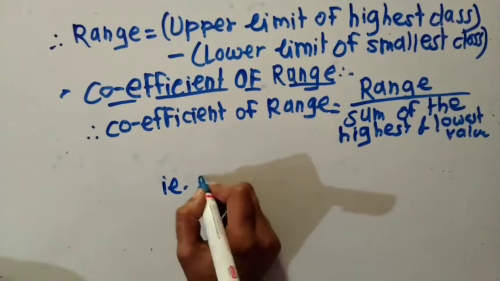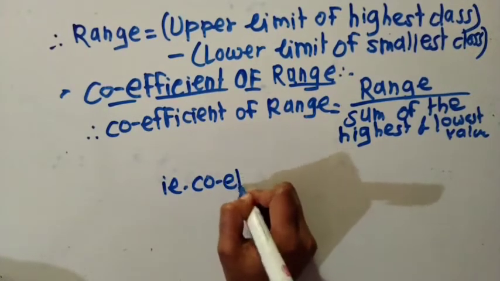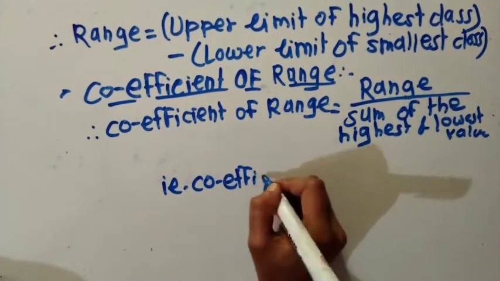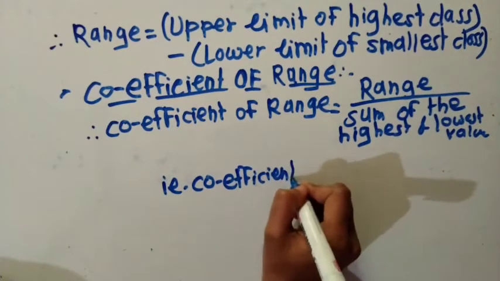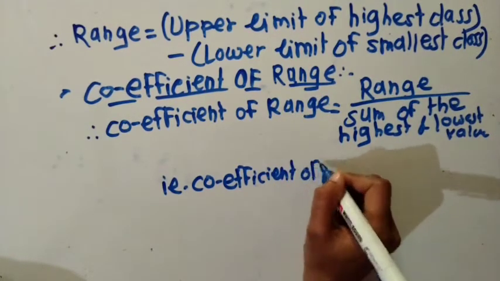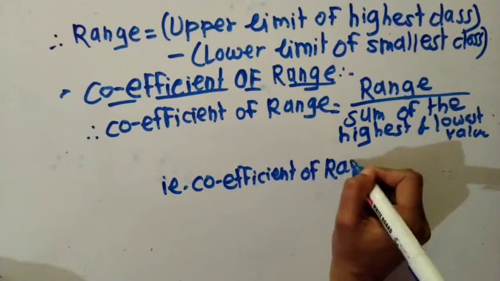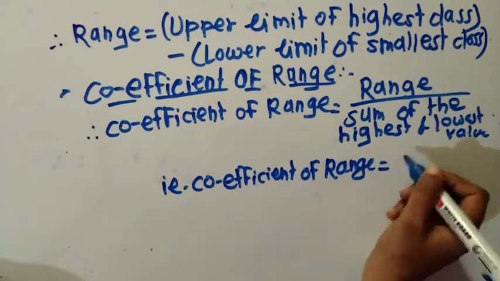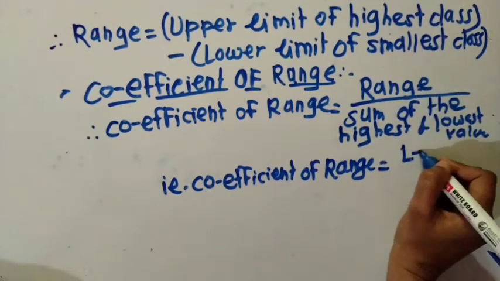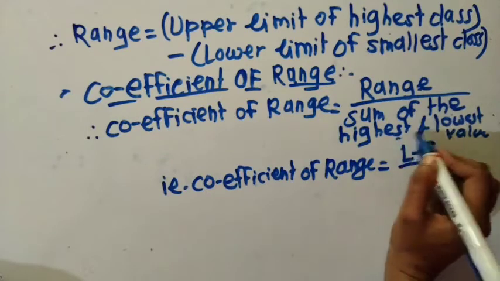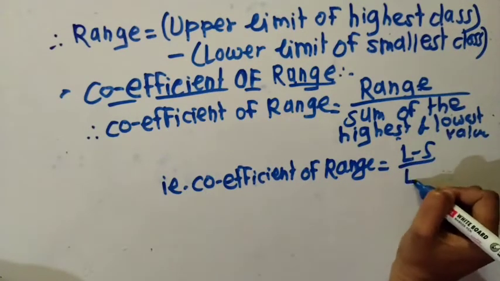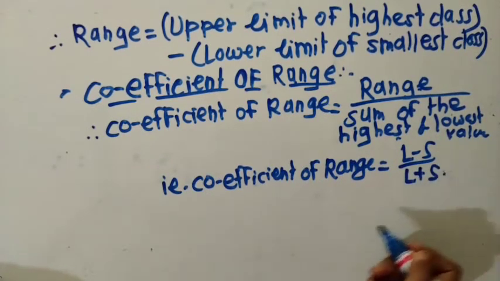Means coefficient of range is equal to range, means L minus S, and sum of the highest and lowest value, means L plus S.